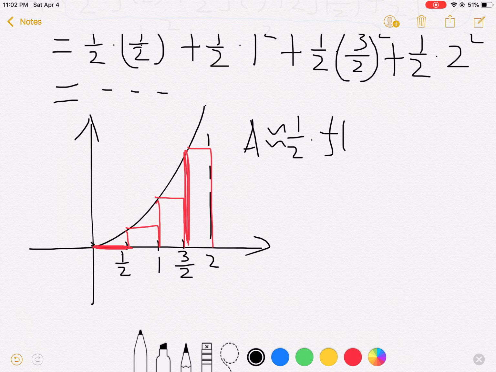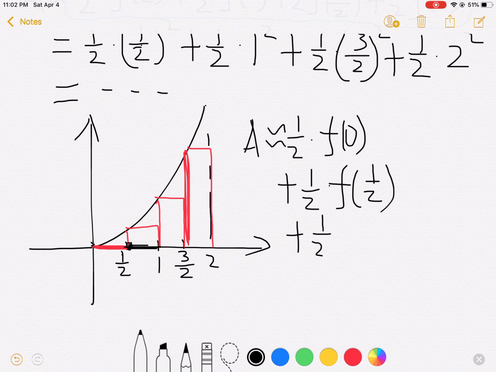This is the left endpoint. Plus 1/2 times f of 1/2, right? This is the second rectangle. We use the left endpoint. Plus 1/2 times f of 1, sorry.